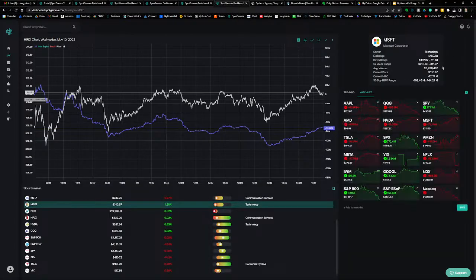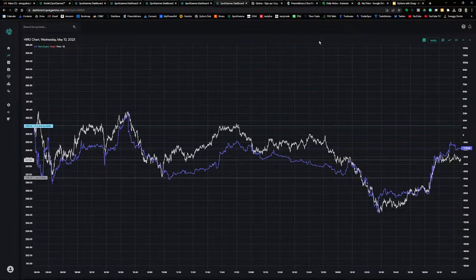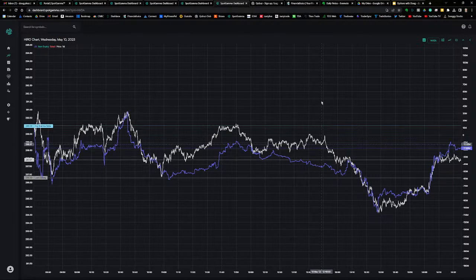So that's Microsoft. Let's take a look at NVIDIA. And NVIDIA typically has a very strong correlation between options trades, hedging flow, and price action. That's shown on this chart, the strong correlation between the purple line and the white line.